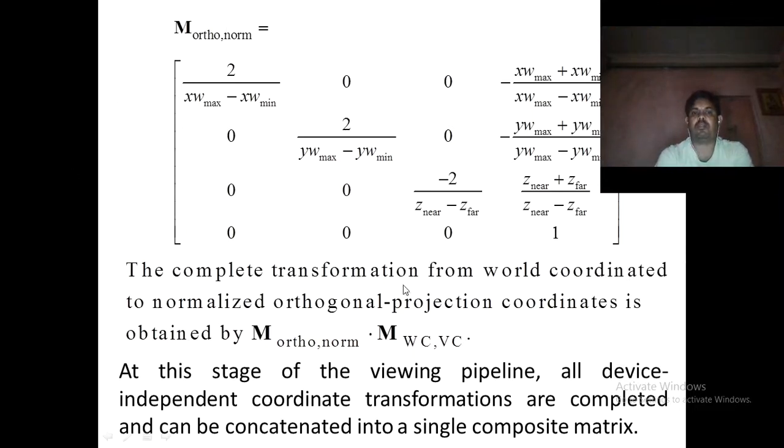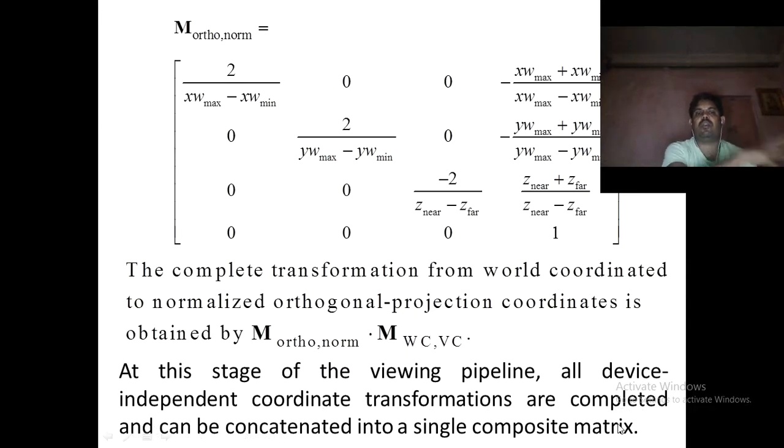The complete transformation from world coordinates to normalized orthogonal projection coordinates is obtained by M ortho normal equals M ortho times M view times M world. From world coordinates to normalization coordinates we have converted this. At this stage of the viewing pipeline, all device-independent coordinate transformations are completed and can be concatenated into a single composite matrix.